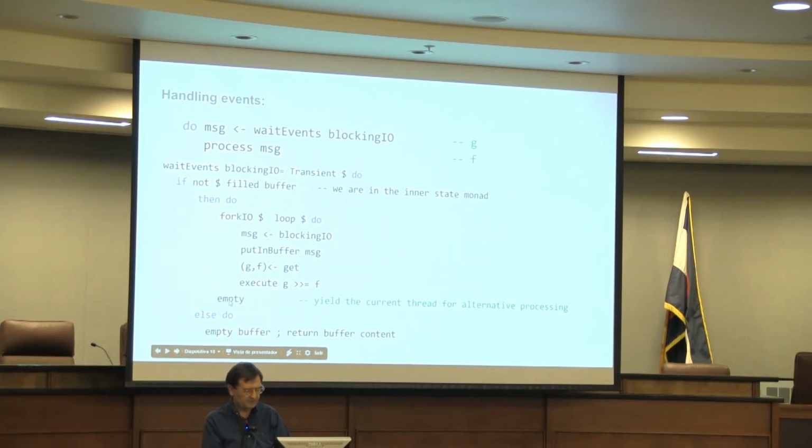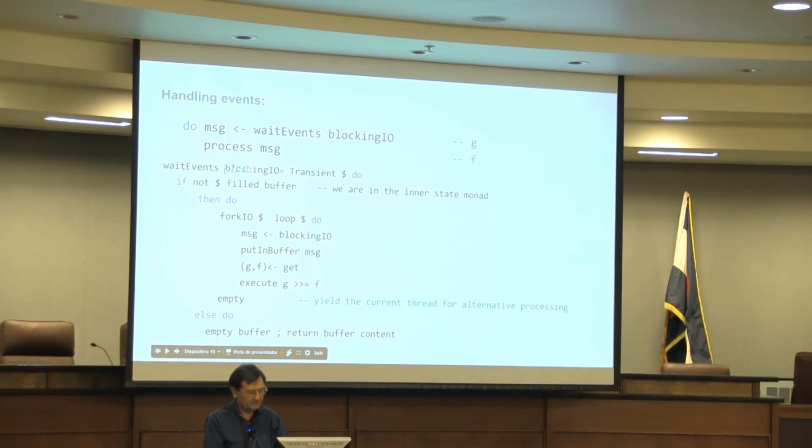So empty stops the execution of further processing. But we have to execute G and F. So G and F is again all of this, so waitEvents is executed again.